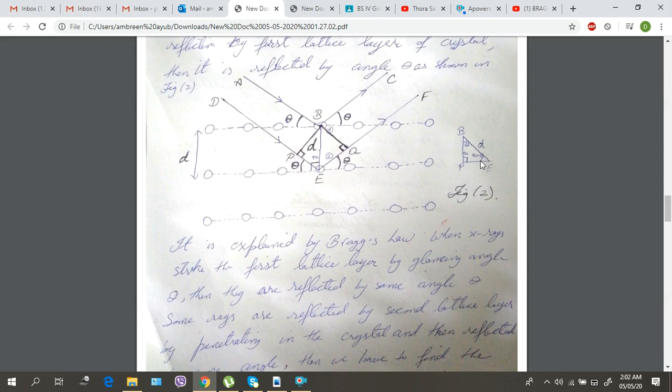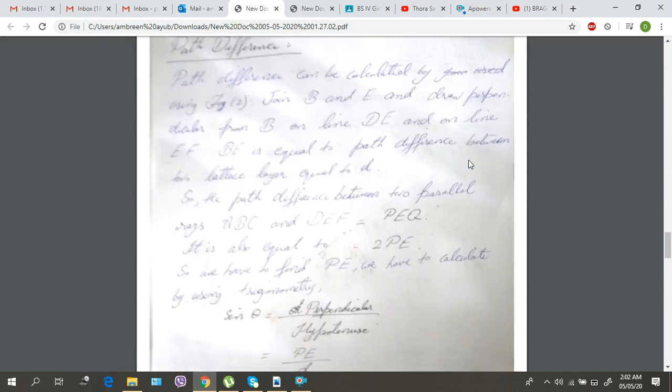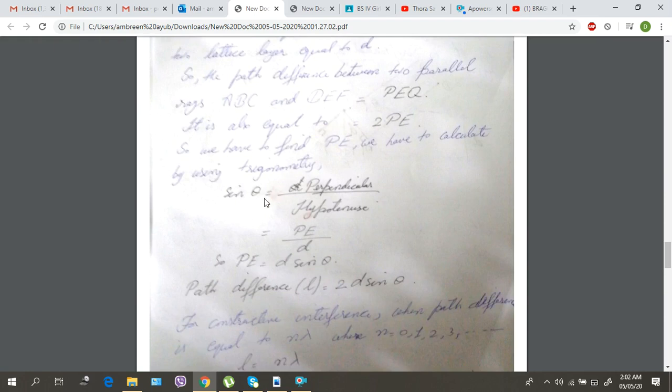So in order to find this distance PE, we say that sine theta is equal to perpendicular over hypotenuse.